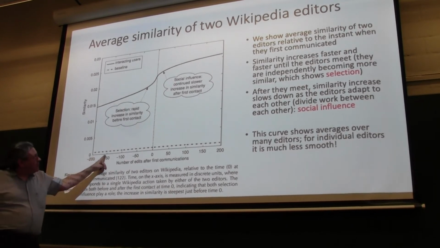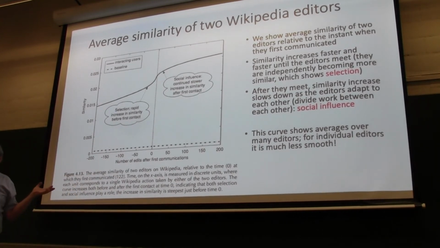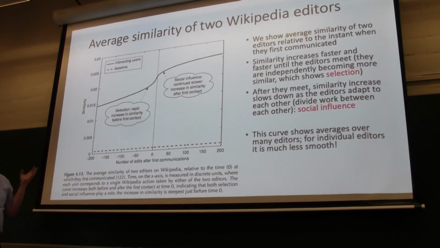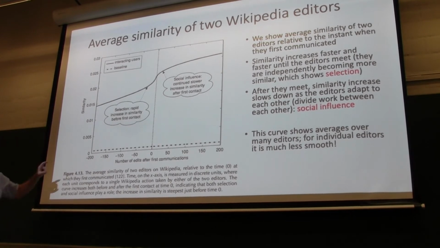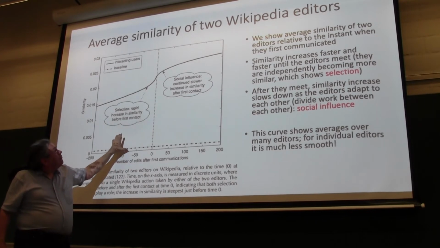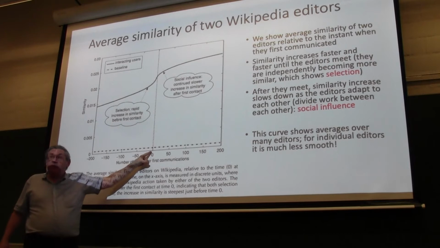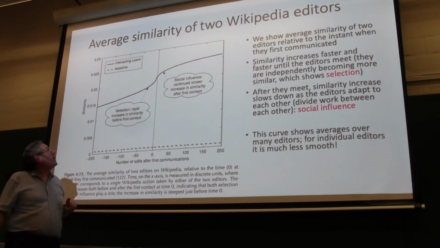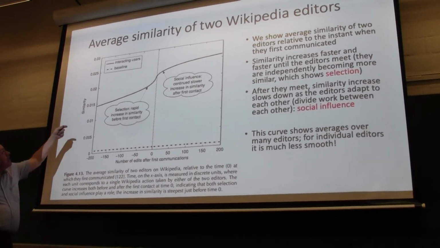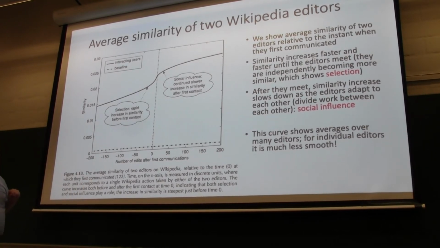And this is like normalization. We look at all pairs of editors, we compute the similarity, and we compute the average similarity of all the pairs of editors, but relative to the first instant when they met. Okay? And this graph is shaped like an S. It's very funny.